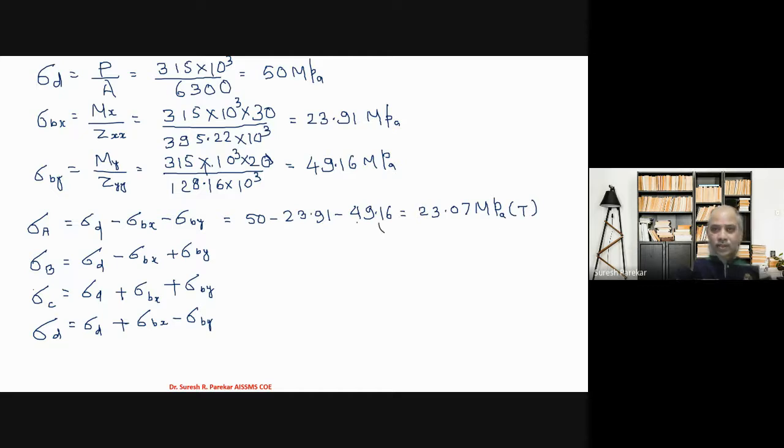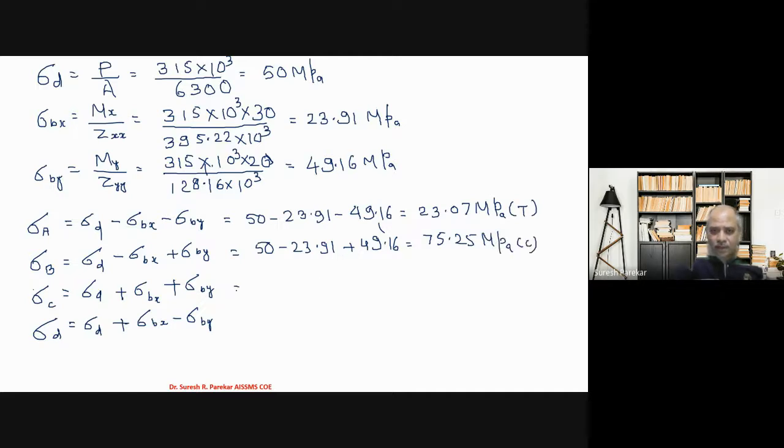Then we have second, that is 50 minus 23.91 plus 49.16, and that will be equal to 75.25 MPa, and we have this as compression.